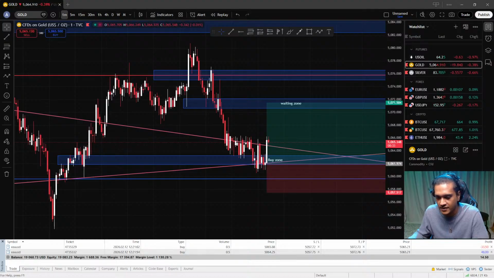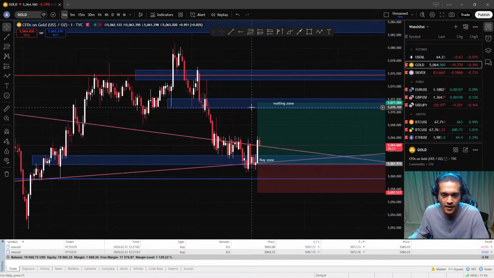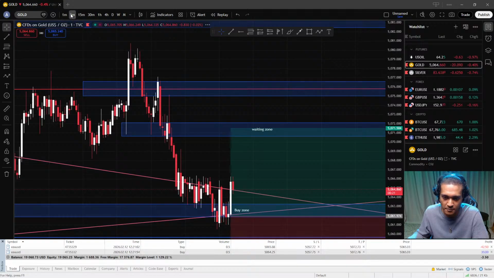Right now is at our initial entry, my first entry. Our buy zone is still meh. This momentum is still meh.